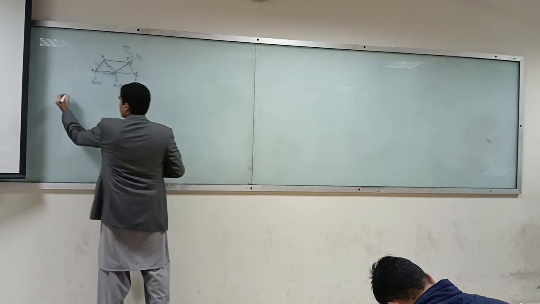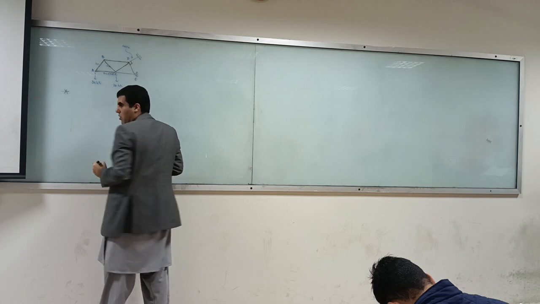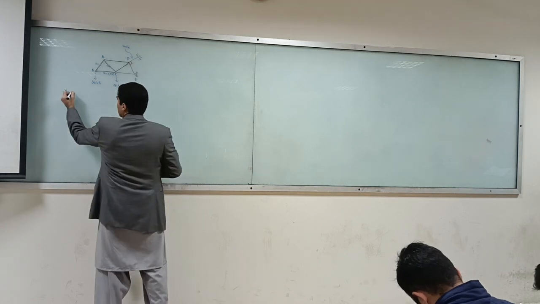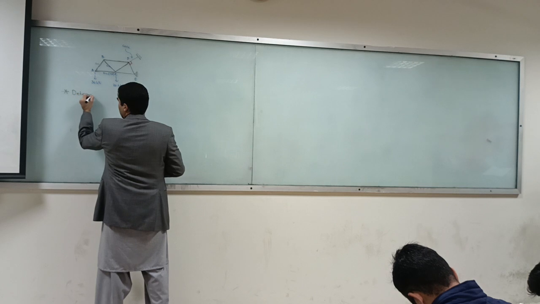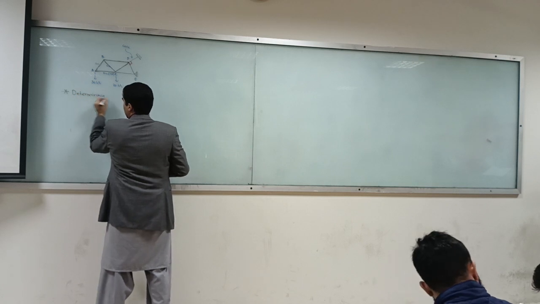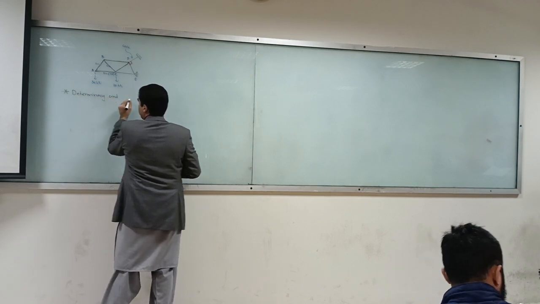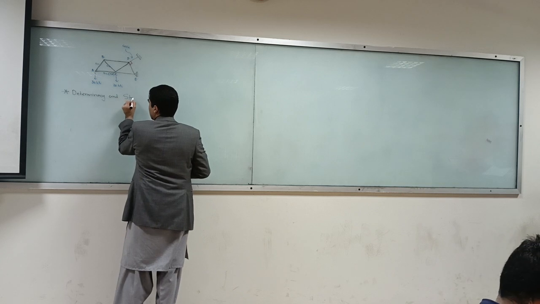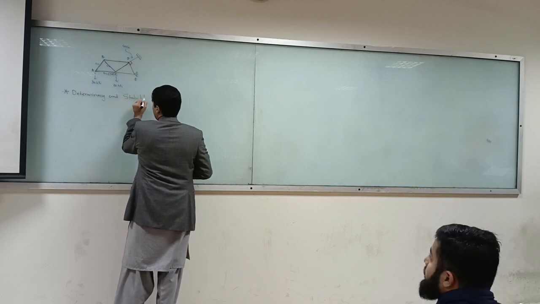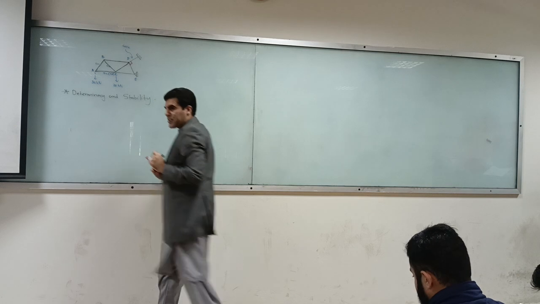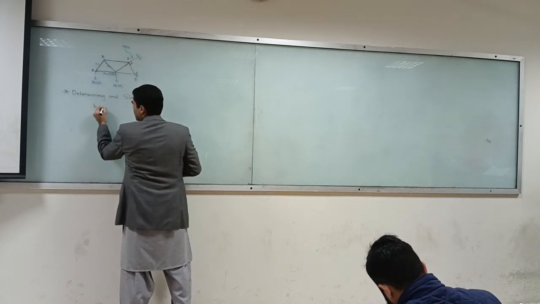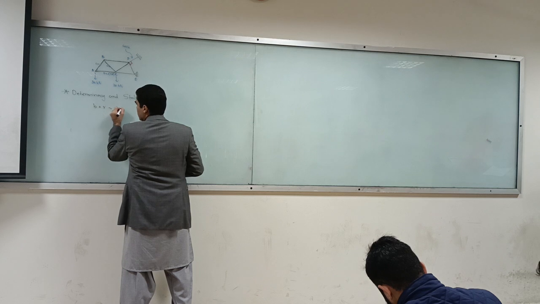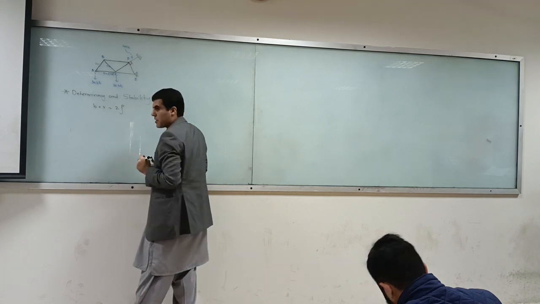The first step is determinacy and stability. For that I gave you an equation: b plus r is equal to 2j.